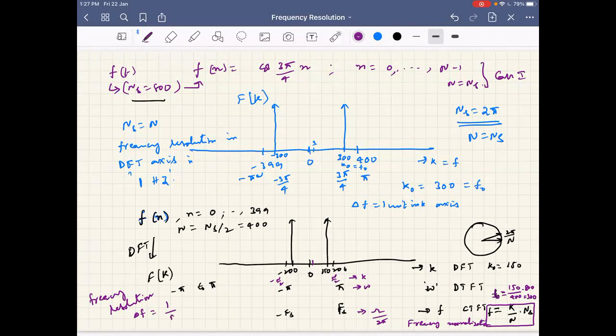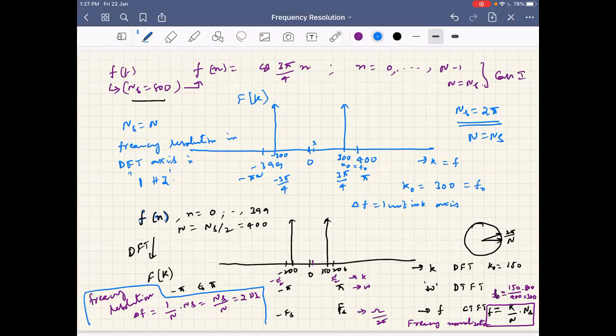That's equal to 1 by N into Ns, or Ns by N, that is equal to 2 Hz here. So the frequency resolution here is 2 Hz, whereas the frequency normalization can be done by k into Ns by N.